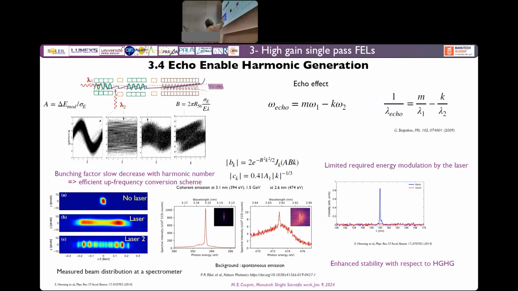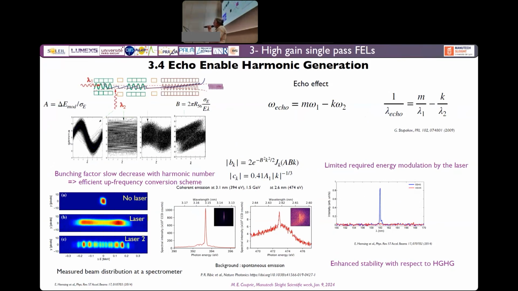So we can have a very sharp modulation of the electron bunch, which provides a very efficient up-frequency conversion. So the emitted wavelength is equal to an integer over the first wavelength of the first modulation, and here another integer with the second wavelength of the second modulation.